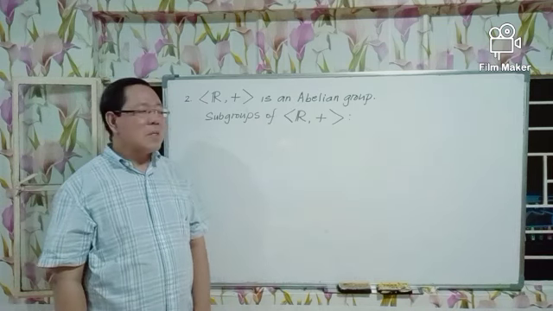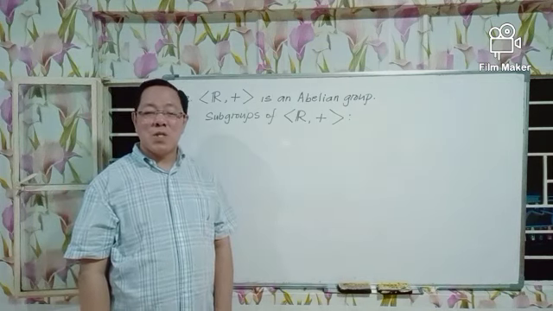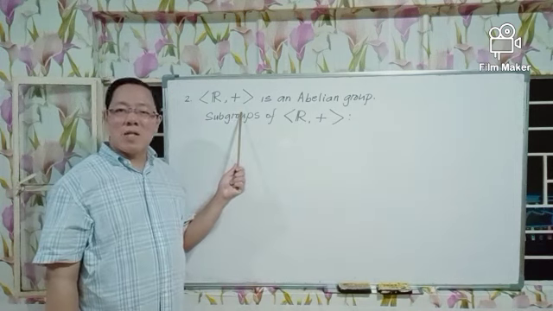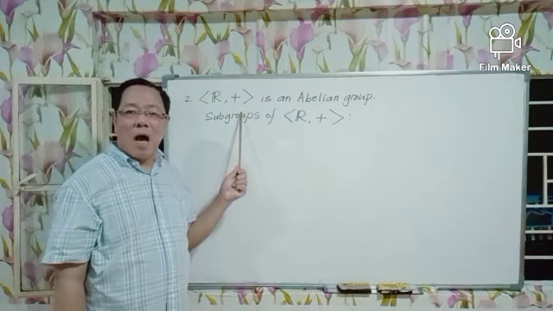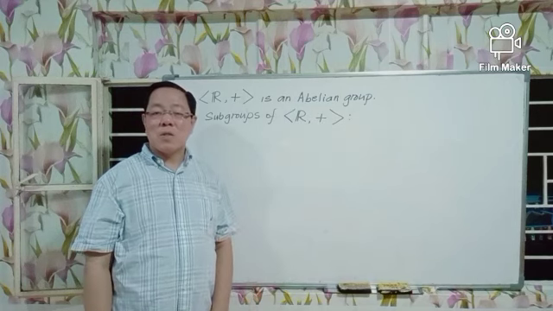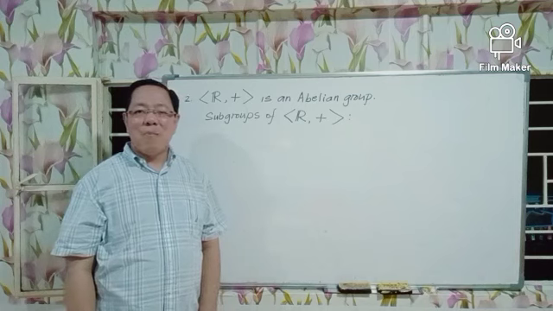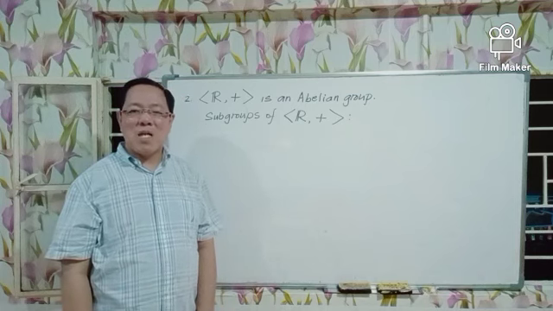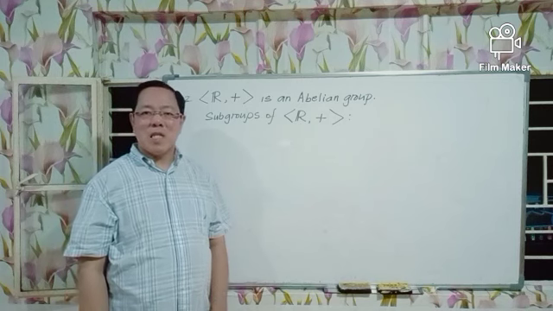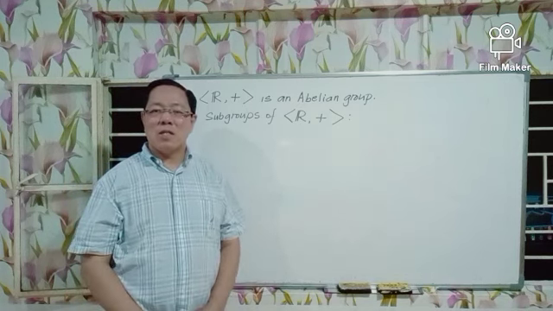And because the set of real numbers satisfies the commutative property for addition, the set of real numbers under the operation addition is an abelian group. Now we write some of the subgroups of the group of real numbers under the binary operation addition. And one of these subgroups is the set of integers denoted by Z under the binary operation addition.